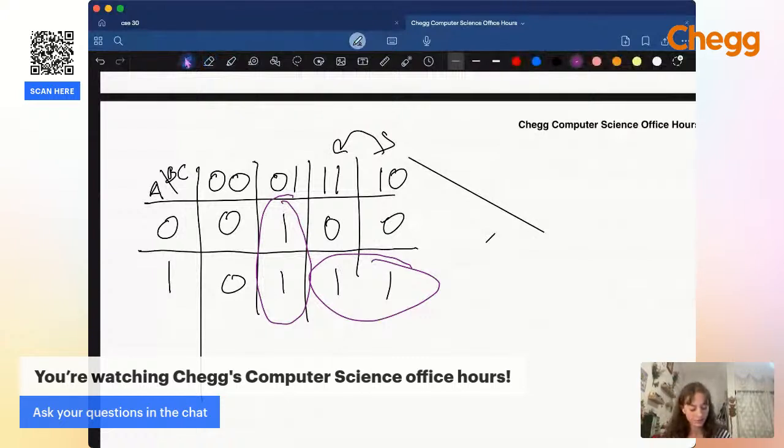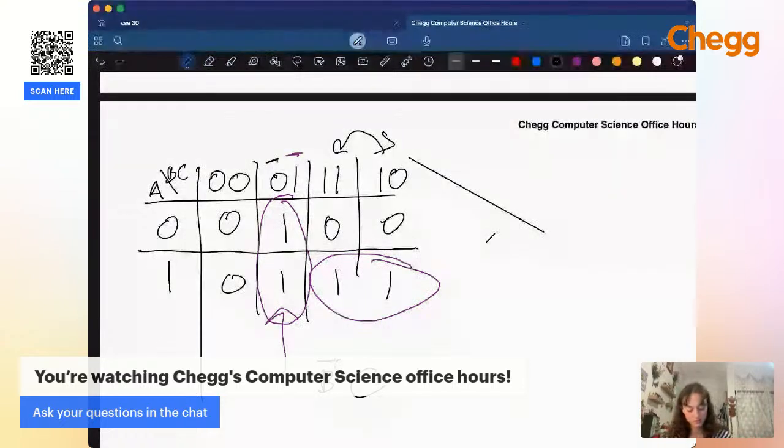So this rectangle, for example, we want to identify the bit that stays the same between them, and we can see that it's C. So we know that when C is true and B is false, that's another way to write not.